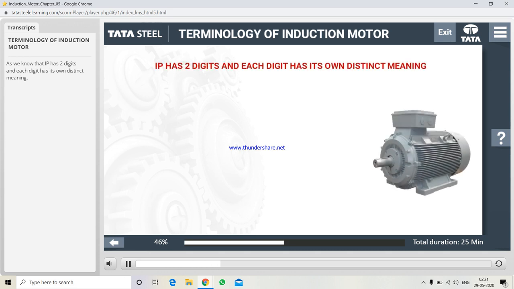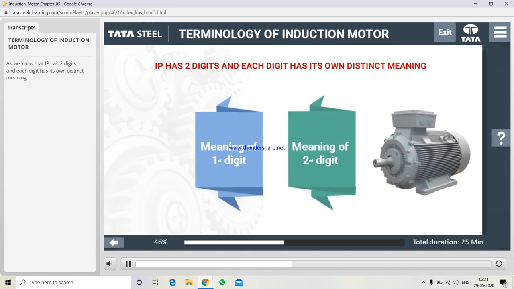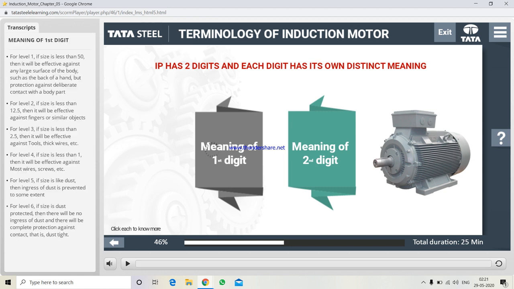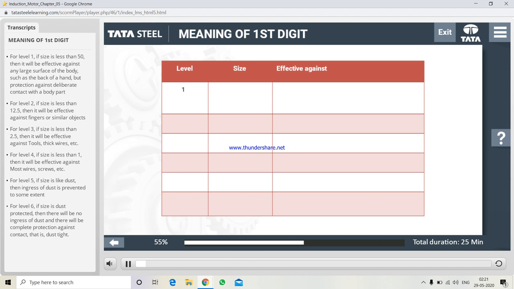As we know that IP has 2 digits and each digit has its own distinct meaning. Click each to know more. For level 1, if size is less than 50, then it will be effective against any large surface of the body, such as the back of a hand, but protection against deliberate contact with a body part.